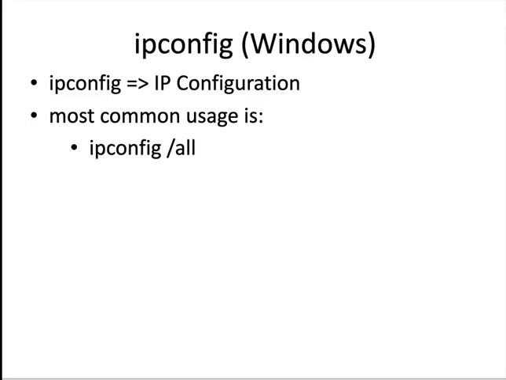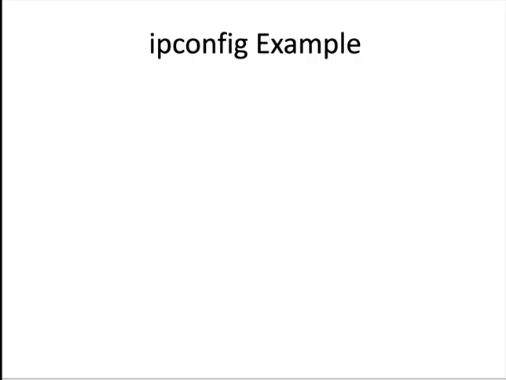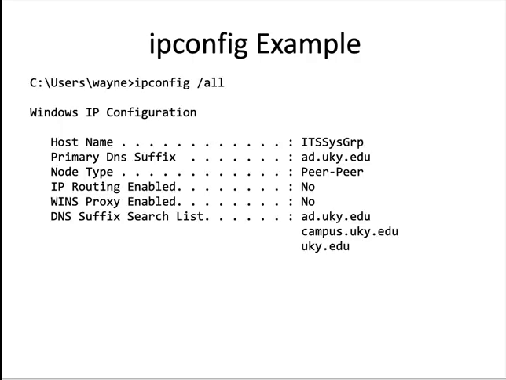There's an option to show all my interfaces, which is /all. And if I do that on a Windows machine, you will see that it gave me some information.